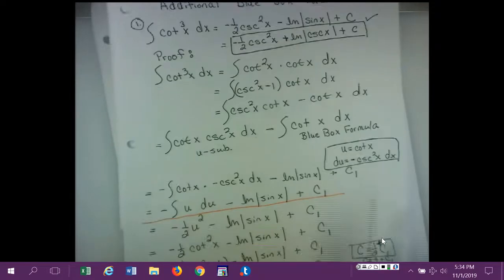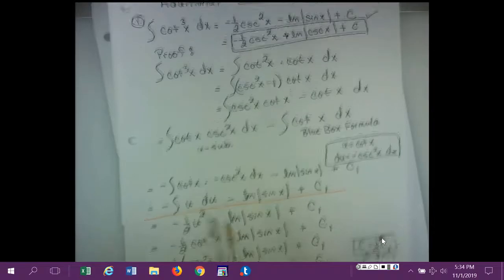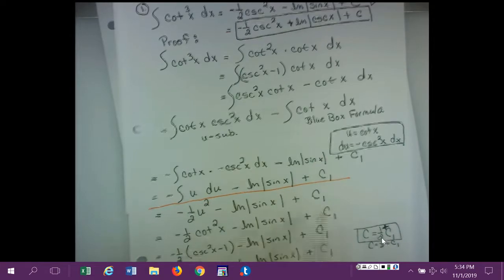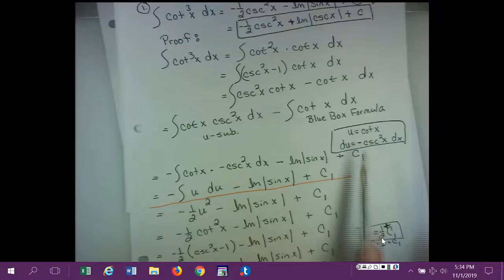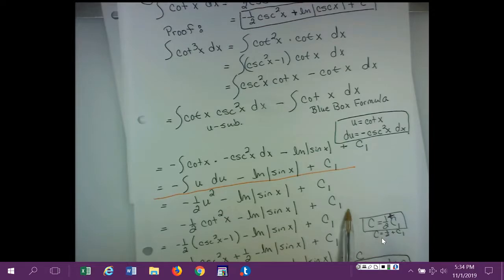And I say c sub 1 mainly because we've not finished this indefinite integral, which you know is going to be negative 1/2 u squared minus the natural log absolute value of sine x plus c. Then going all the way back to x, u is cotangent x, so this is negative 1/2 cotangent squared x minus natural log absolute value of sine x plus c sub 1.